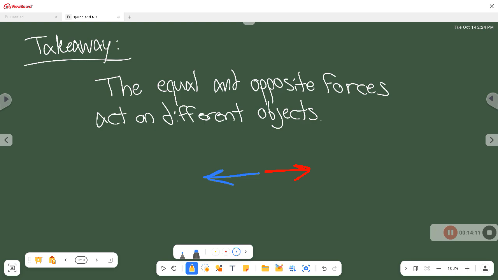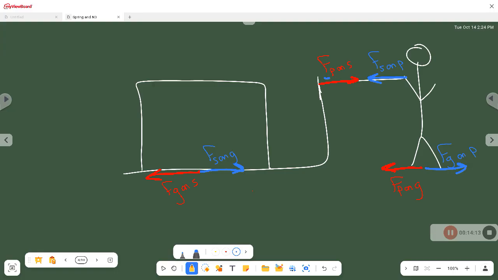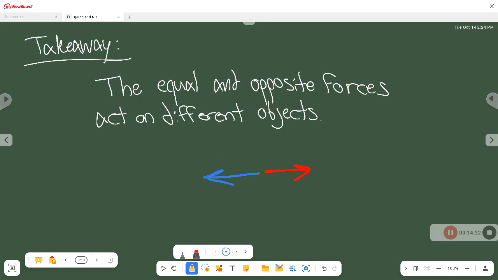Back here, it is the force of the person on the sled, so that force is being enacted on the sled. That would be drawn on the sled's free body diagram. And the force of the sled on the person will be added to the free body diagram of the person themselves. So, equal and opposite forces act on different objects.